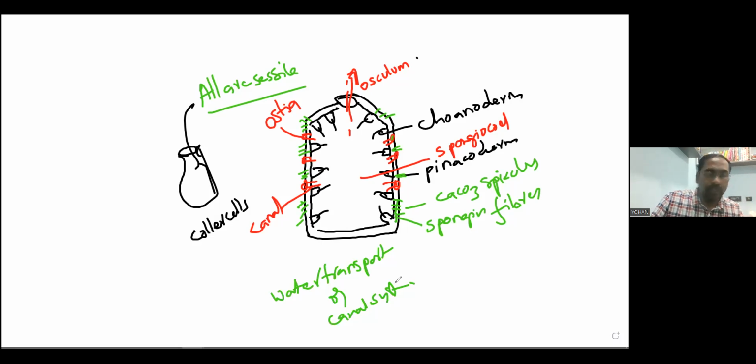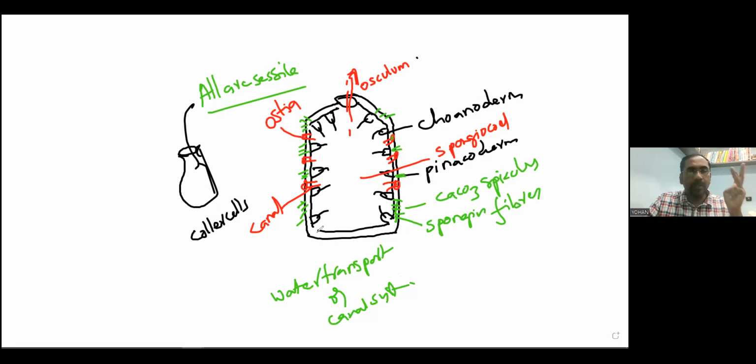Now the canal system constitutes ostia, which open into small canals, which open into spongiocele, and finally open out through the osculum. So what is the direction of the pathway of water?